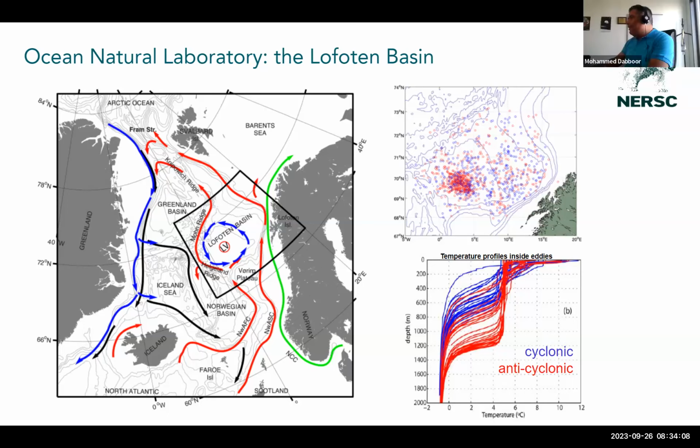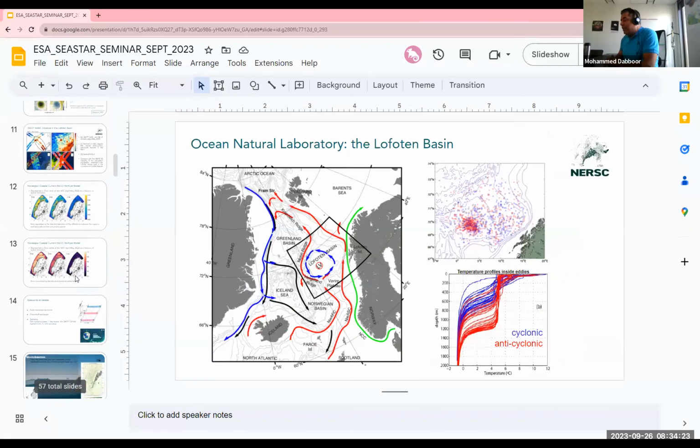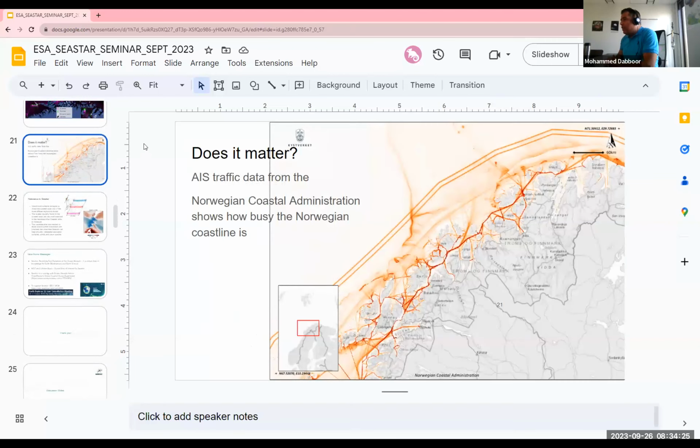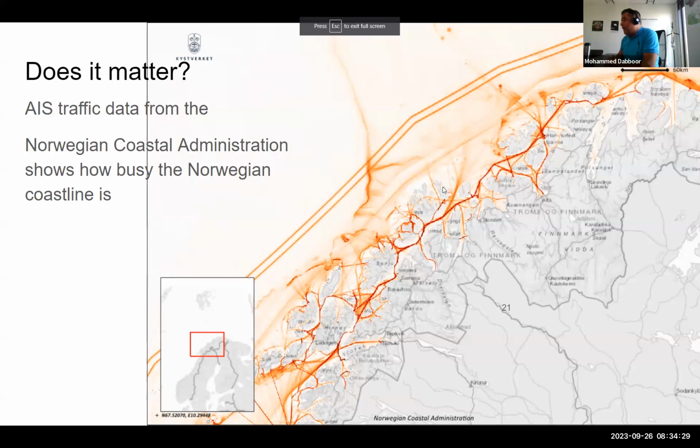Yeah, thank you. Excellent presentation. Thank you very much. And yeah, I found the figure with the shipping routes and the information that could be useful for navigation. It's just a simple question. Should we expect SEASTAR to help in improving the safety of navigation, at least close to the coast?